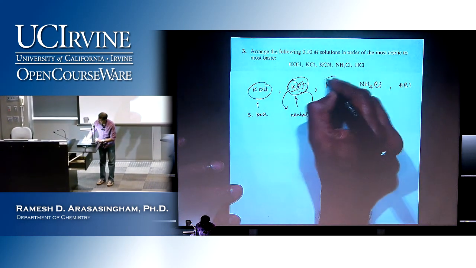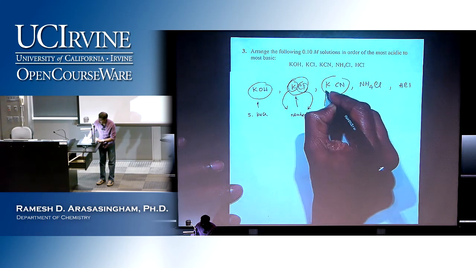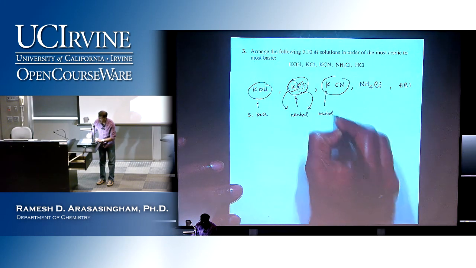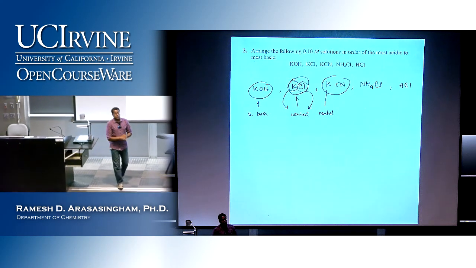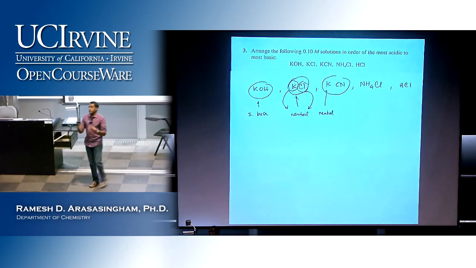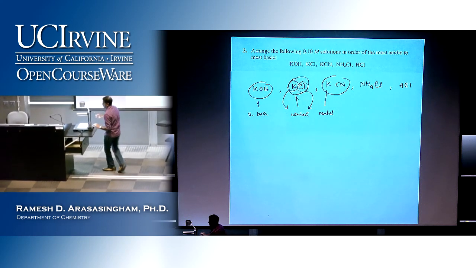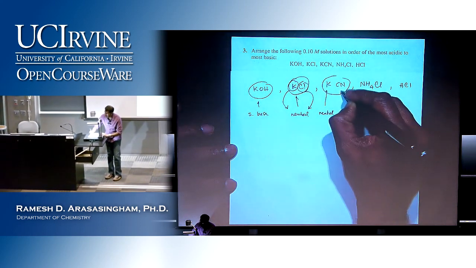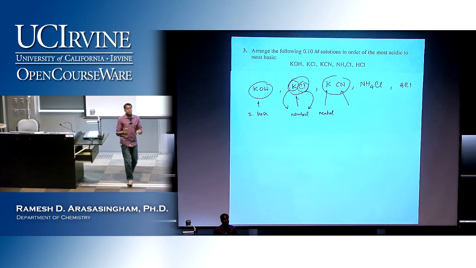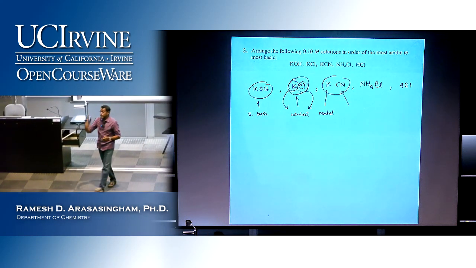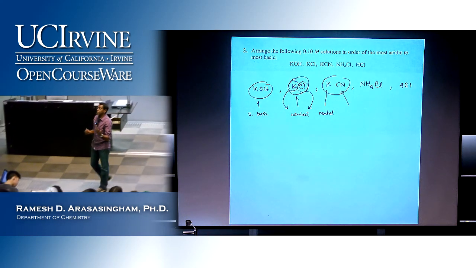Now let's turn to this. It's the cation. It's a group 1. So it's a salt. The cation is neutral because it's a group 1 metal. Now let's look at the anion. Anion is CN minus. So if you're not sure, you don't memorize this stuff. Just look at the table. HCN is a weak acid.